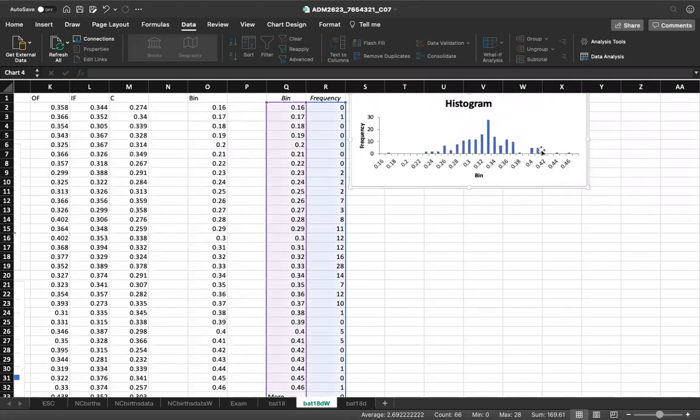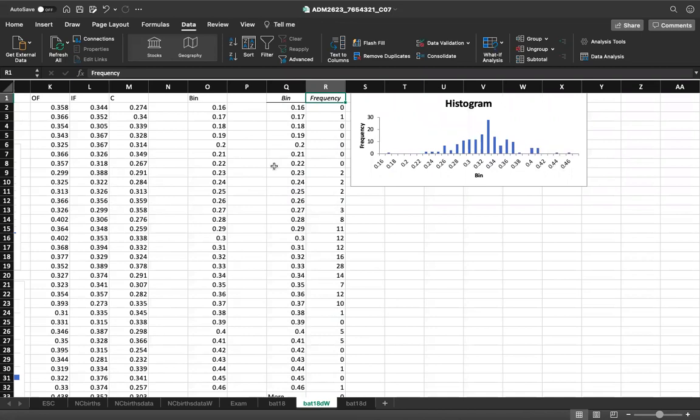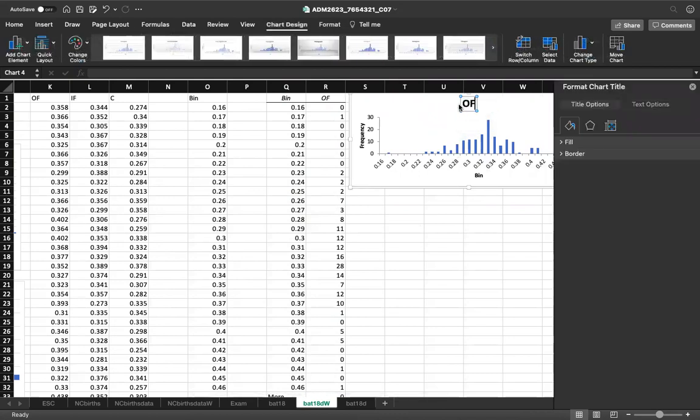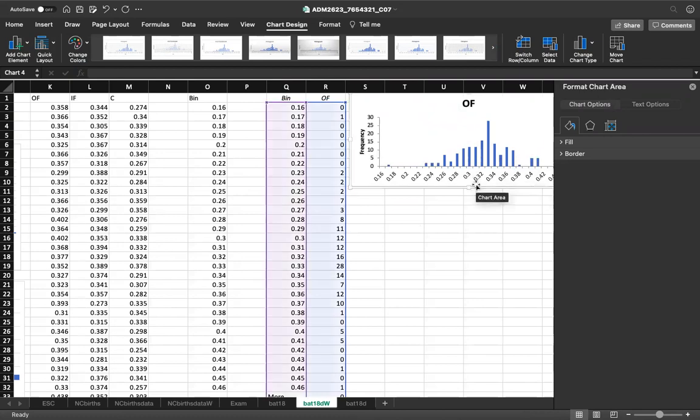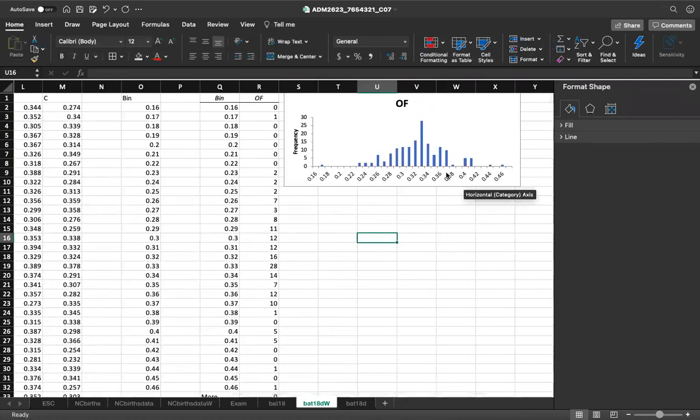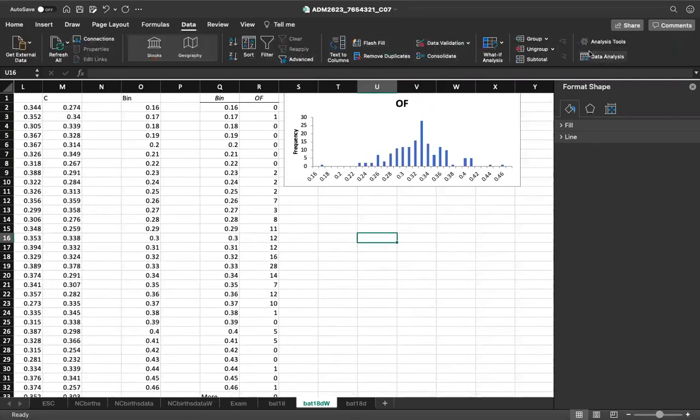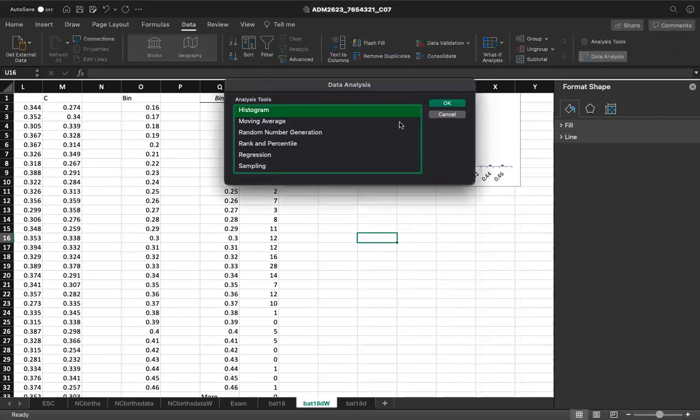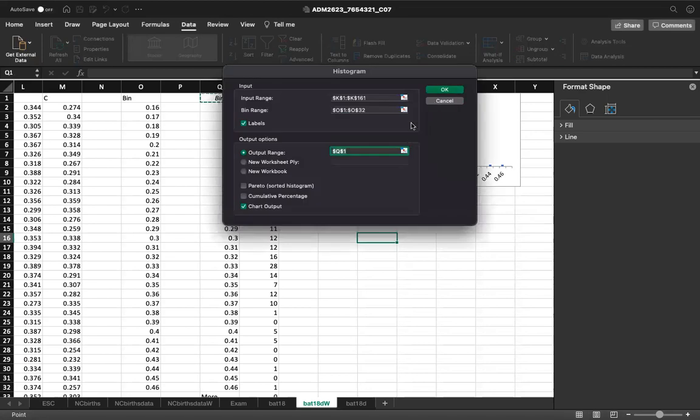All right. And this is for OF. We can replicate the same process for the IF and CF as well. So we again go to data analysis, histogram.